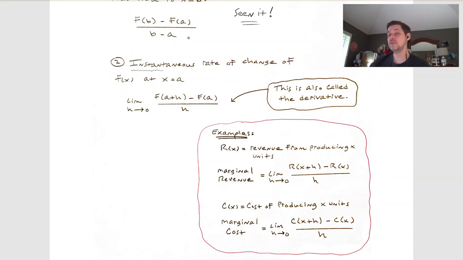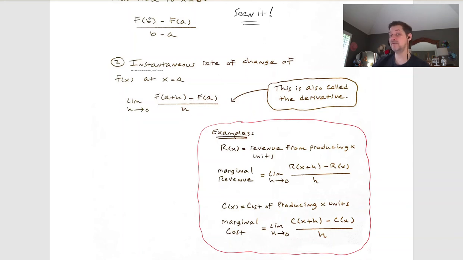Now, it sort of looks like the average rate of change, and then there's a very clear connection between the two of them. But here's what you do. The instantaneous rate of change of a function, so you have a function at a particular number. So you have a function and a number. That's what you're given. That's the basic ingredients you need to find an instantaneous rate of change, okay? So the instantaneous rate of change of some function f of x at some number x equal to a is the limit as h approaches 0 of f of a plus h minus f of a over h.